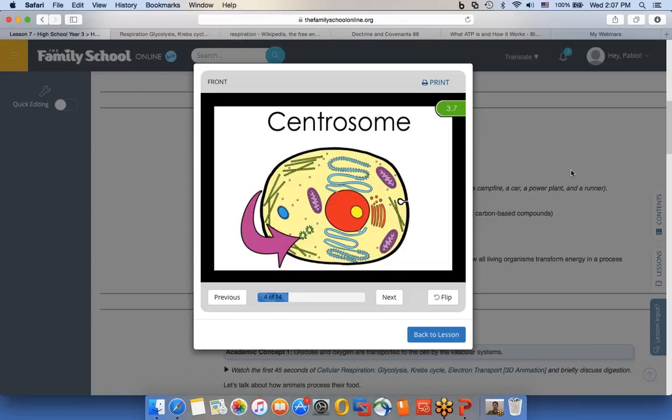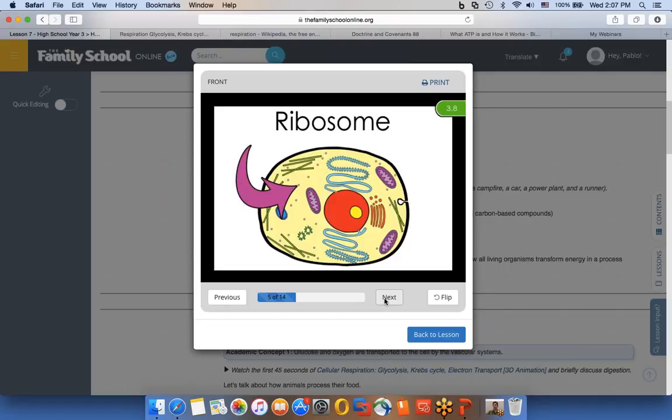When we talk about those in another lesson, then we'll talk about those in detail. Aubrey says that the vacuoles are found in plants. Okay, yes, the large ones.